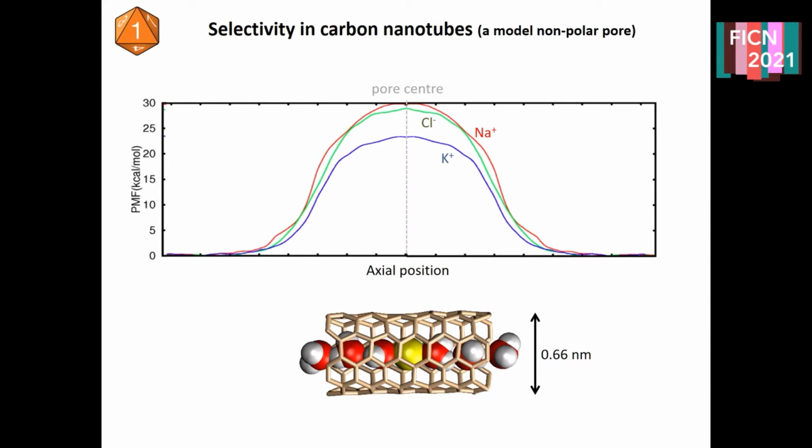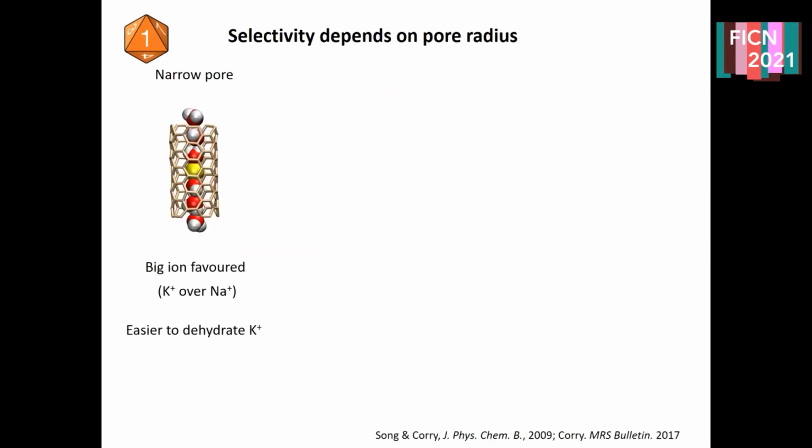Okay, this sounds relatively straightforward, but I want to point out that even this simple concept can yield quite surprising behavior. One is that the selectivity actually depends upon the pore radius. So here's the example we just talked about. This is a very narrow pore, and a little bit counterintuitively, it's the big ion that's favored. It's potassium that finds it easier to pass through compared to sodium.